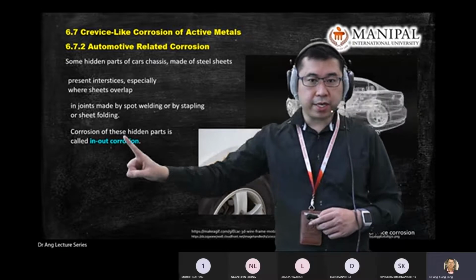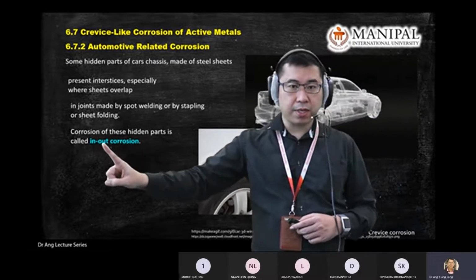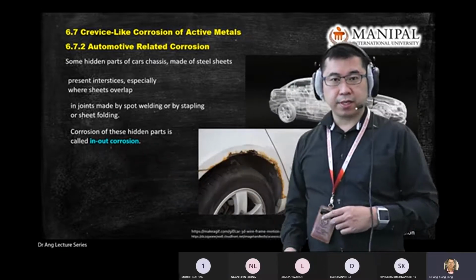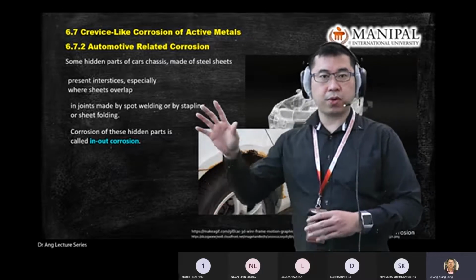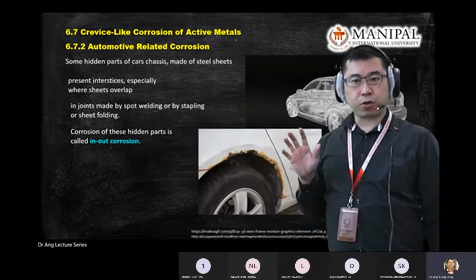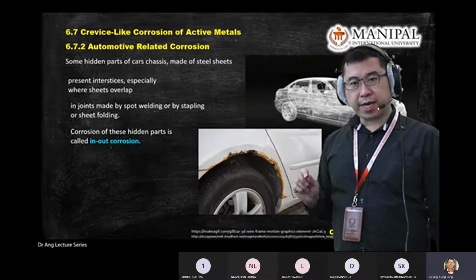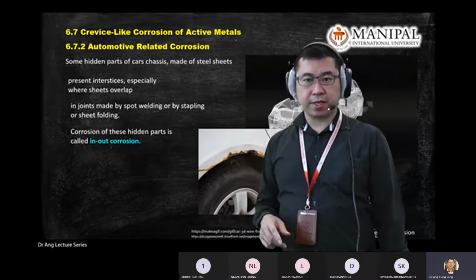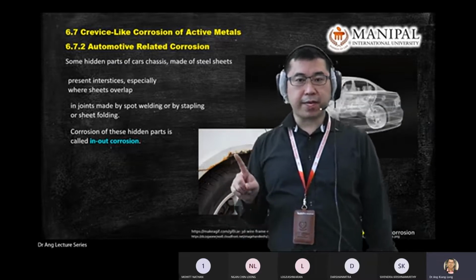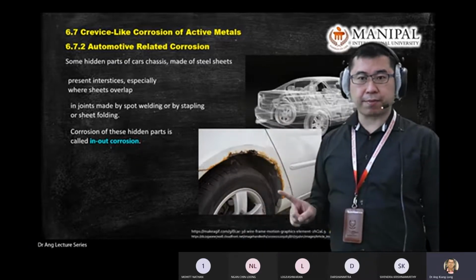So corrosion in the hidden parts is called in-out corrosion. It still falls under crevice corrosion, but for automotive, when you send a car for inspection at Puspakom, sometimes they see some corrosion in the parts inside.